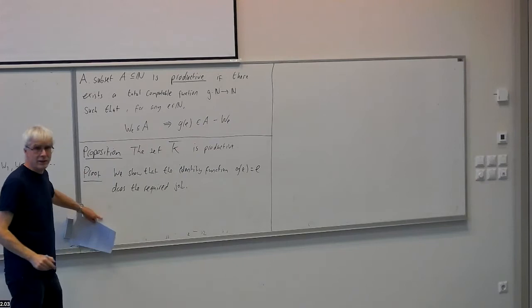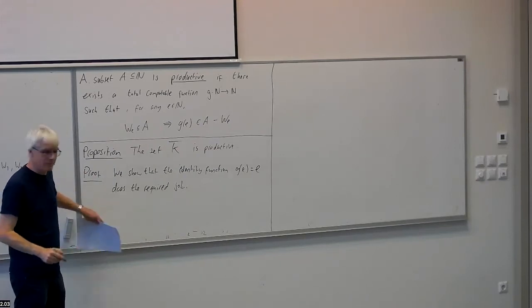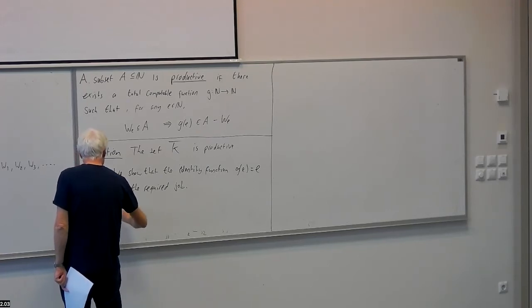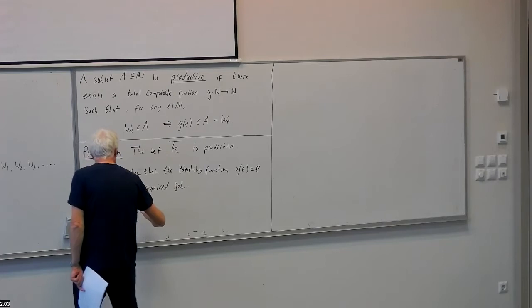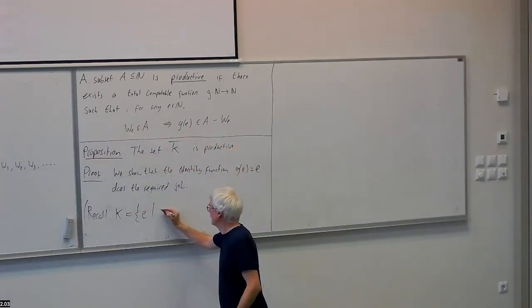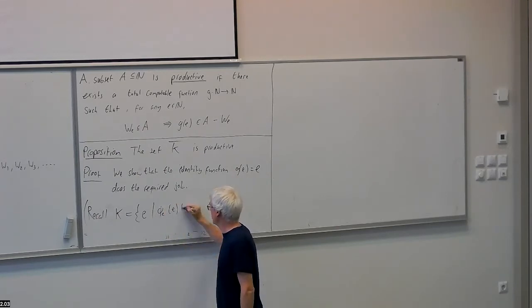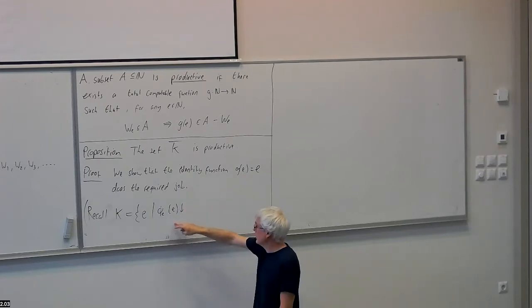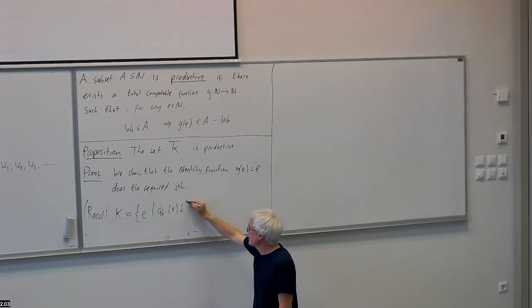So maybe before carrying on, I'll remind you what the set K is. Recall K was the set of numbers E such that the E-index computable function applied to the number E was defined. That is, the E-index computable function is defined on its own index given as an argument.